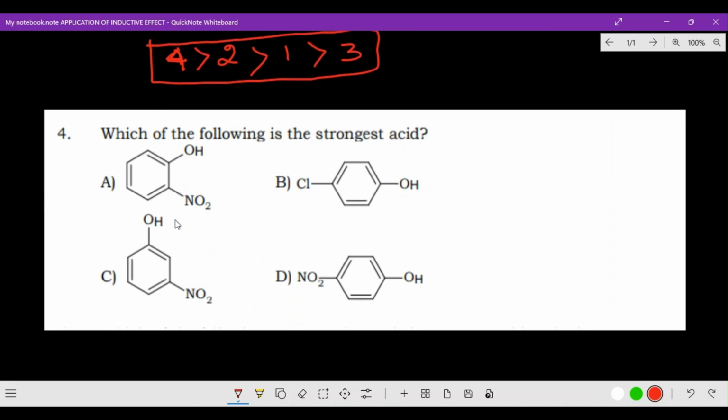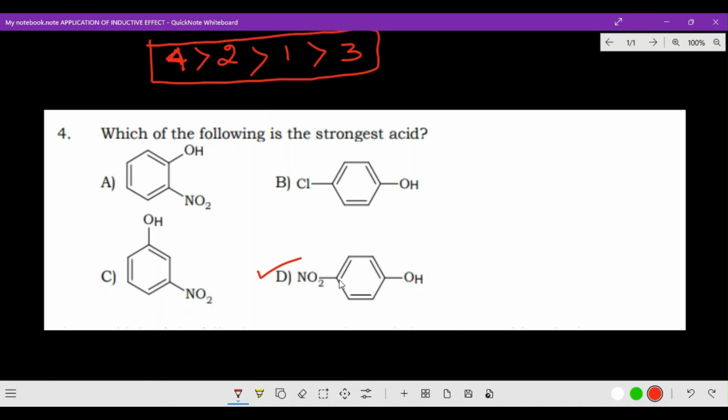Next question, very interesting. This question has been asked N number of times. Here: orthonitrophenol, chlorophenol, metanitrophenol, paranitrophenol. Our eyes will go and mark only this. Why? It is the inductive effect, actually an electron withdrawing group, that is one point, and it is distance dependent.